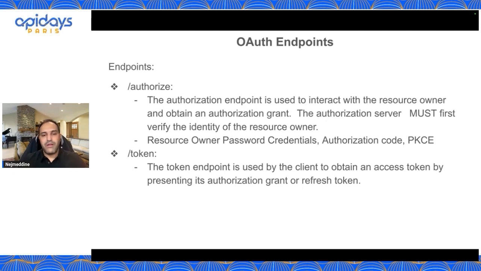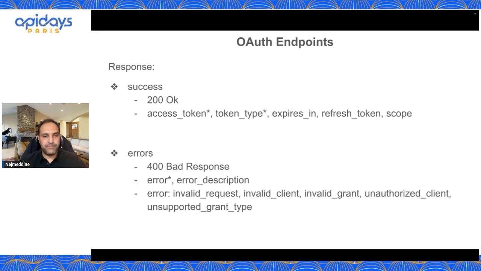The second endpoint that is relevant is the slash token, and the slash token is always the endpoint that gives the consumer the token, and in some situations, for some grant types, the refresh token. For the response, in case of success, you always need to send back 200 to the consumer, along with the access token, the token expiry, and in some cases the refresh token and the scopes, because they are optional, not mandatory.